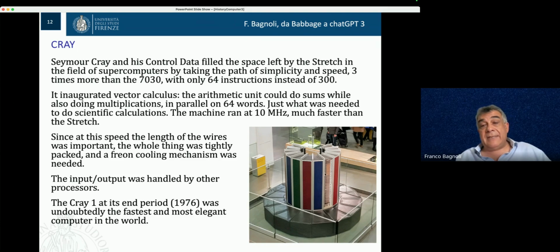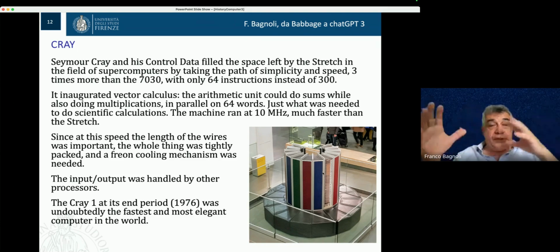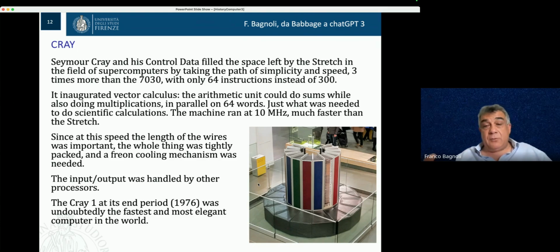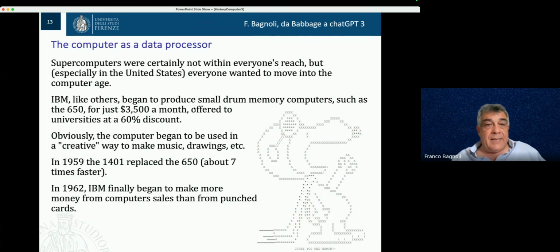So clearly, in this case, you have to change everything in order to pack things and shorten the length. But this also means having problems in cooling. So this machine, for instance, used Freon cooling, essentially like a refrigerator, in order to keep things cool.